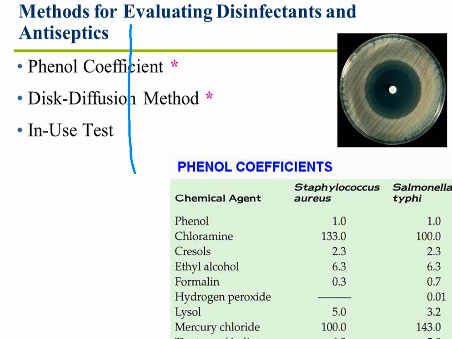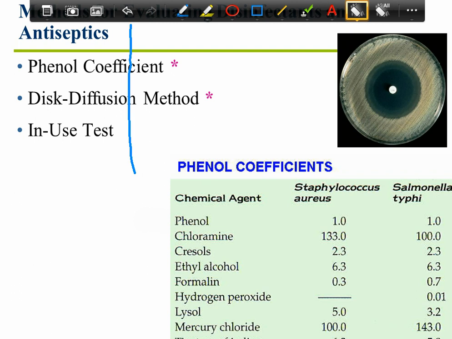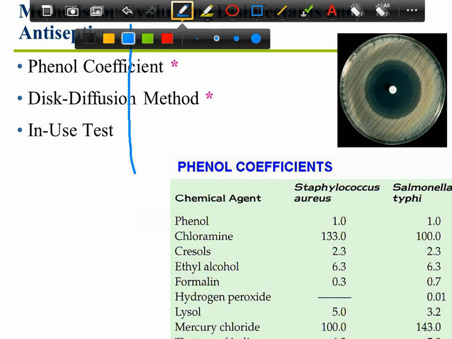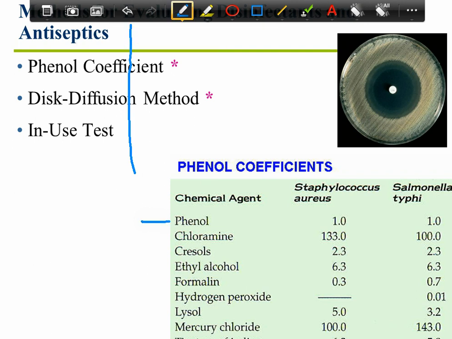So you see, for example, there's phenol right there. There are a lot of things here that are way better killers than phenol. Even alcohol is 6 times better killer. And here's Lysol, and it's 5 times better.